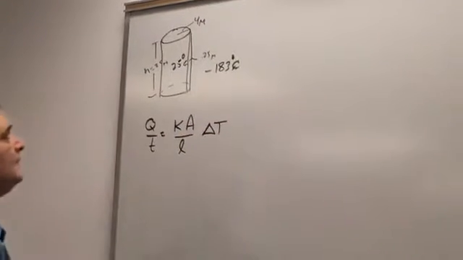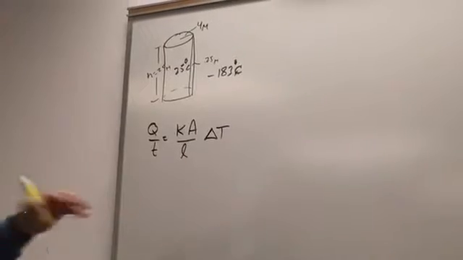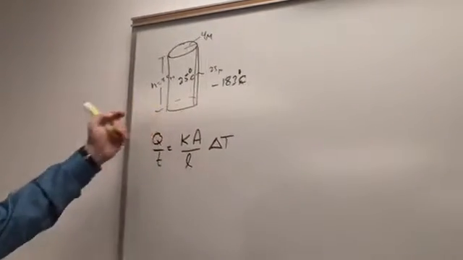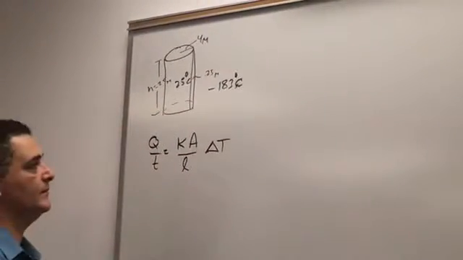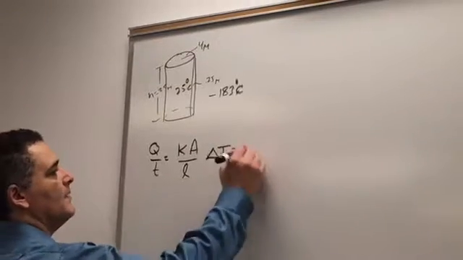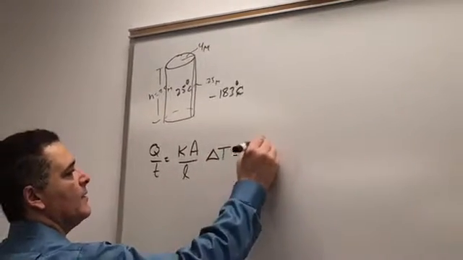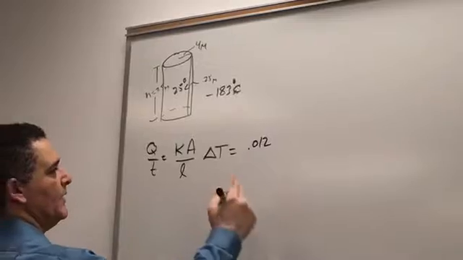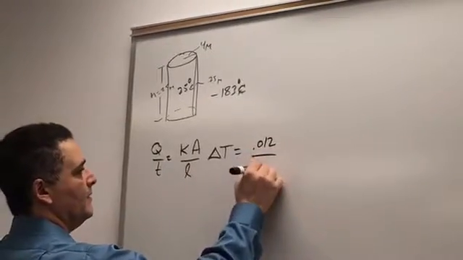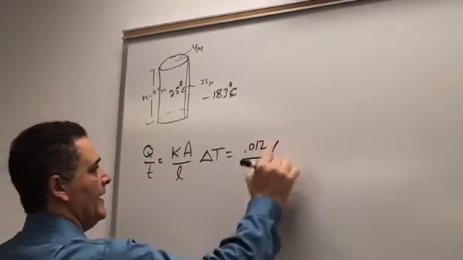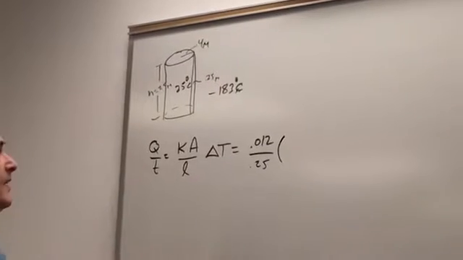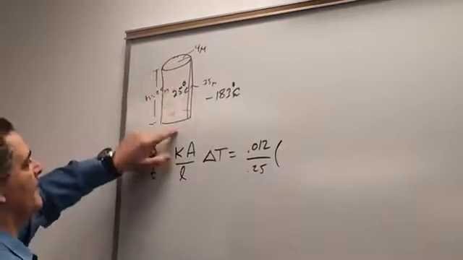In this case, we want to figure out how much energy we're going to lose per second out to space. I think K was 0.012, and L was 0.25. The area is the top area, the bottom area, and the sides.